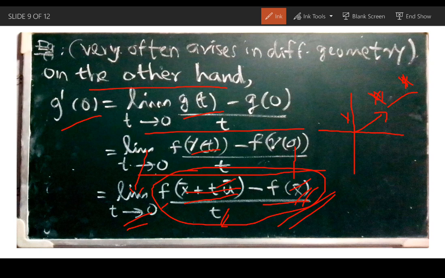So this limit represents the rate of change of f at the point x in the direction of u only. That means the increment point doesn't lie here, doesn't lie here, doesn't lie here. It lies only here or here, like that. In the direction of u only it lies. But this is the vector u. Understood?